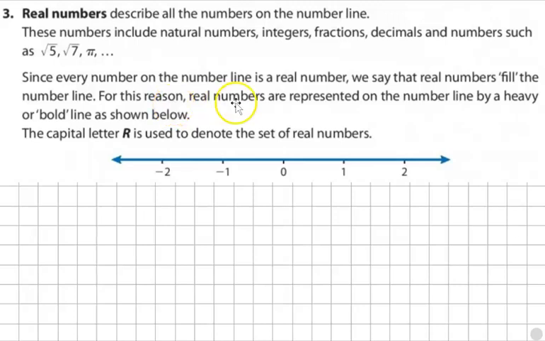For this reason, real numbers are represented on the number line by a heavy or bold line as shown below. The capital R is used to denote the set of real numbers. So we can see a big, thick, bold line that goes along the whole number line, and the arrows go in both directions to indicate that all the numbers on the number line are real numbers.